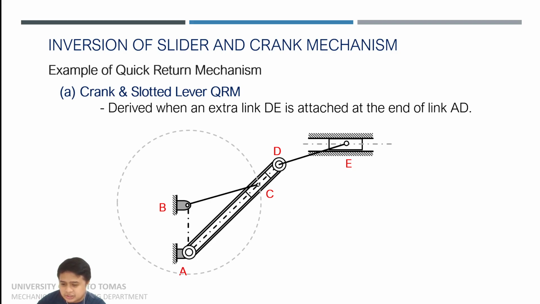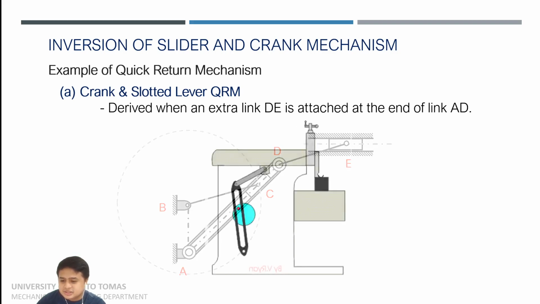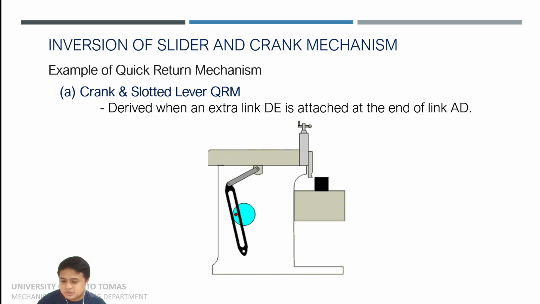The slider C here can slide along this AD. We call this AD the slot because it is slotted. This is an example of the crank and slotted lever.